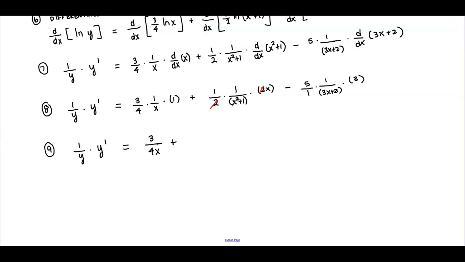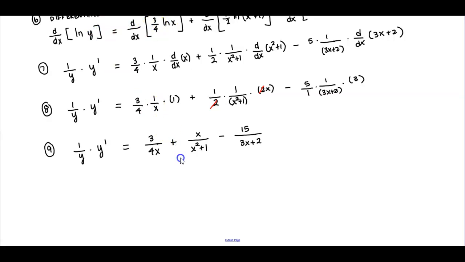So what's remaining is x over x squared plus 1. And then minus 5 times 1 times 3, which is 15, over 3x plus 2.